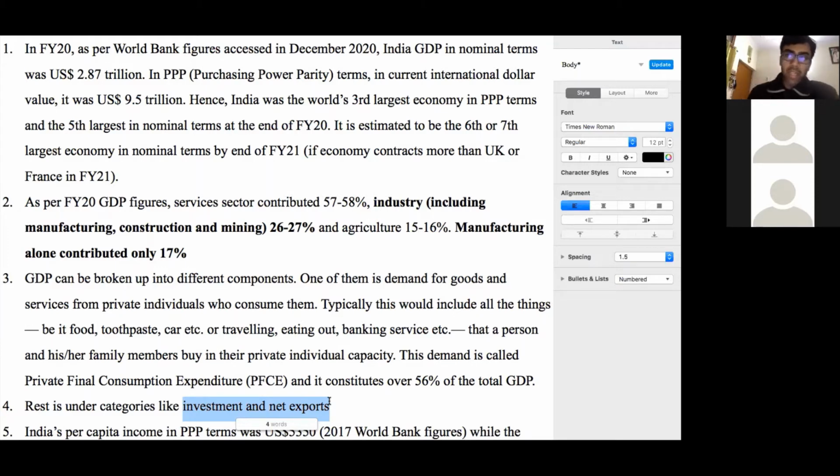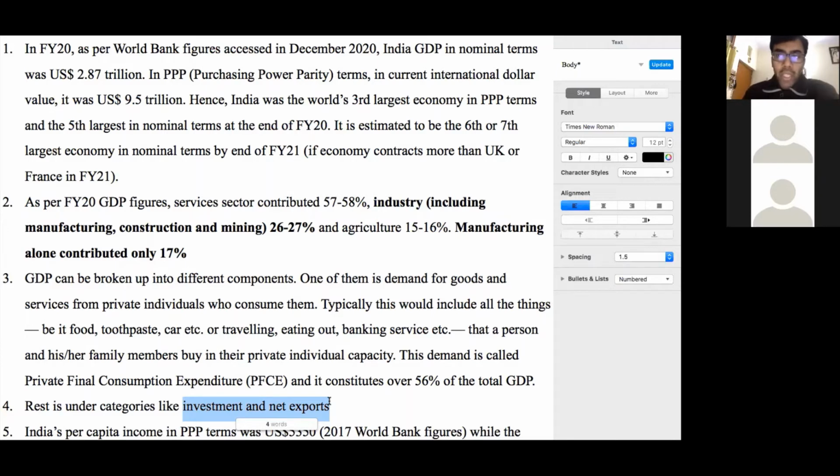So that is where the difference comes: China is not so much dependent on exports anymore, though it used to be. But in the last 10 or 12 years or so, it has become heavily an investment-led economy, much greater than India. India is still largely an export as well as a bit of investment-led economy.